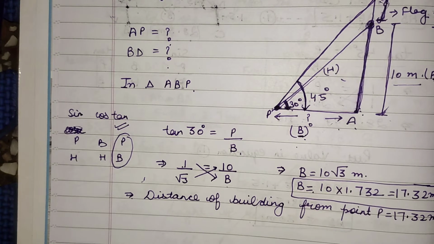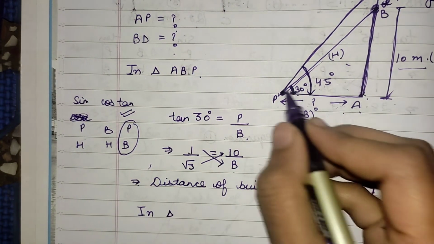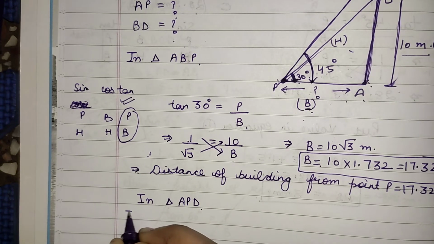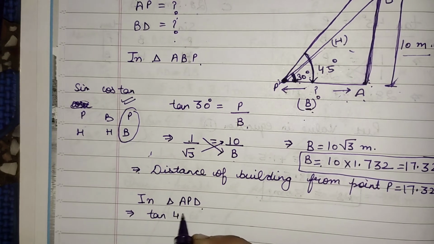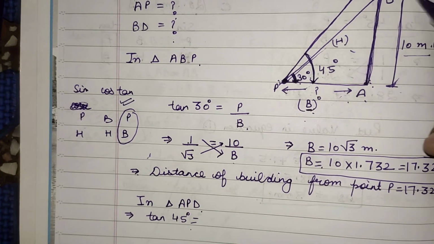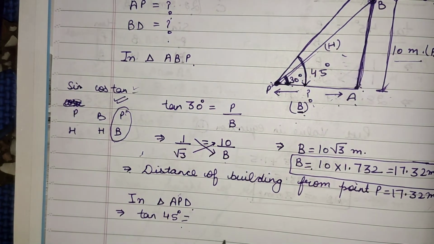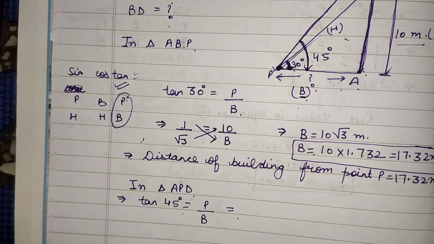Okay, next time we will take the next triangle, which is APD. In triangle APD, what is my angle? Angle is 45 degree. Again the relation is between perpendicular and base, so it is given by tan ratio, which is equal to perpendicular by base.